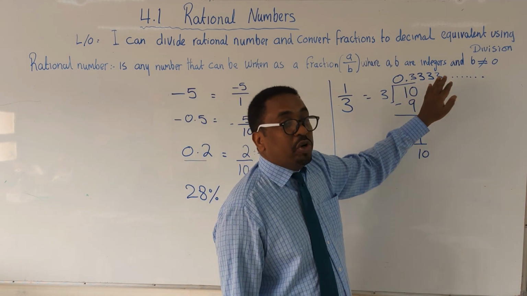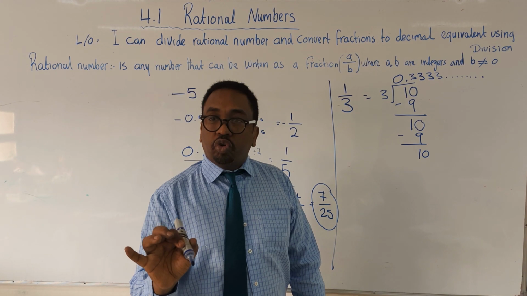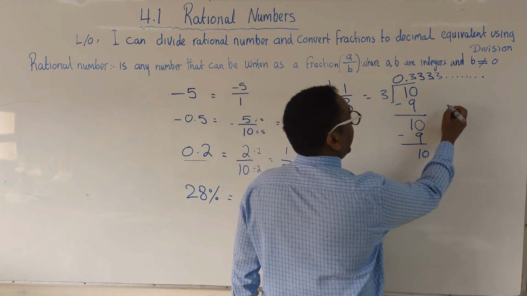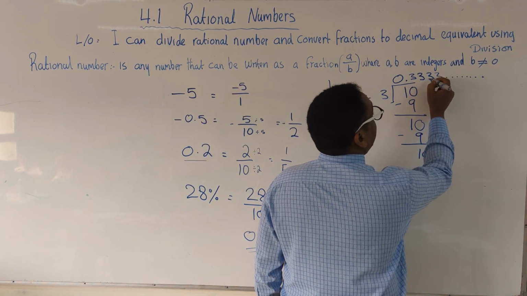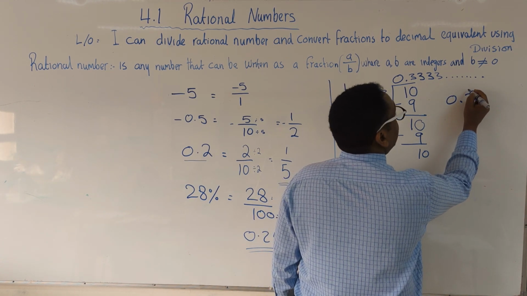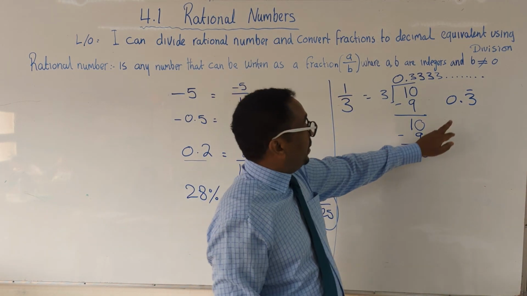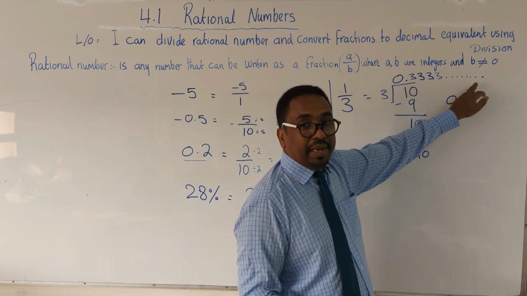So to make sure that we don't have to write 3, 3 all day, there's a shortcut that you have to write down. This 0.333 will be written like 0.3, and then there will be a little line on top. Some people put a little dot, but it means the same, repeating numbers.